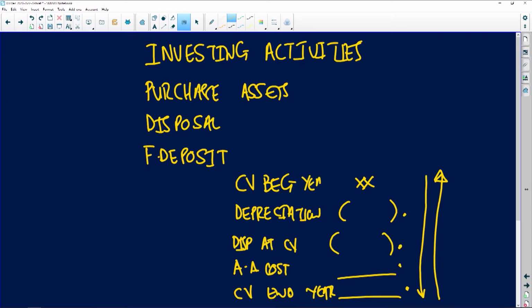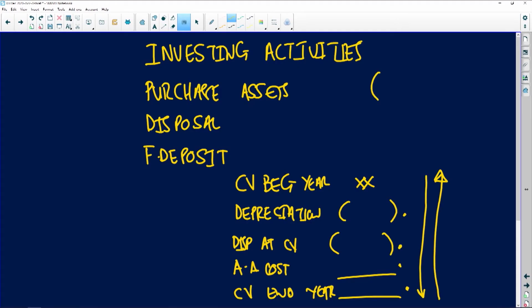If you're working from the top, carrying value at the beginning of the year, and you're working downwards, like I said, it's your carrying value at the beginning of the year minus your depreciation, minus your disposals at carrying value, add your additions at cost, will give you your carrying value at the end of the year. But if you're starting with a carrying value at the end of the year, work backwards, and that's how you're going to calculate whichever figure is the missing figure in this particular calculation.